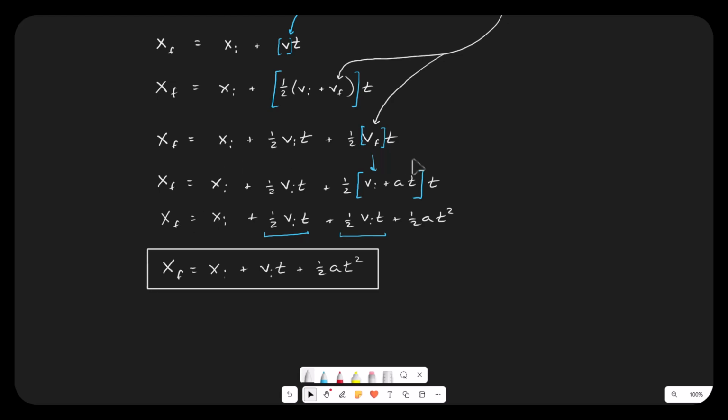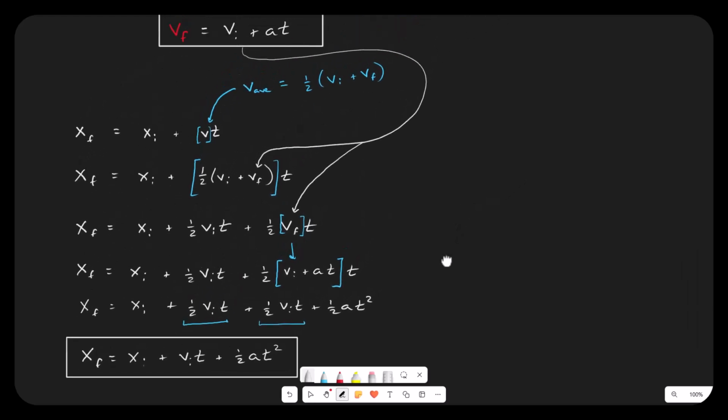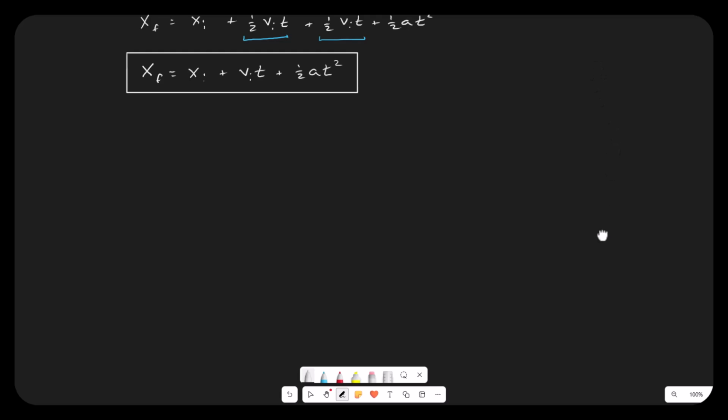So that's two big kinematic equations. I can do one more thing. I can take this first equation back here, solve it for time, so isolate time, and then take that whole thing, plug it in down here, and do a little bit of rearranging. When I do that, I'm doing that just so that I can get time out of my equation, because once in a while that's actually a really helpful thing.